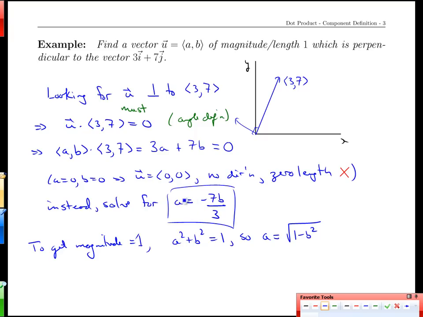Well then we have a in two places, and we can combine these two equalities and say we want the square root of 1 minus b squared to be the same as minus 7b over 3. And we'll take that down and start down here again. Actually, let's do this on the next page, just to polish this off.